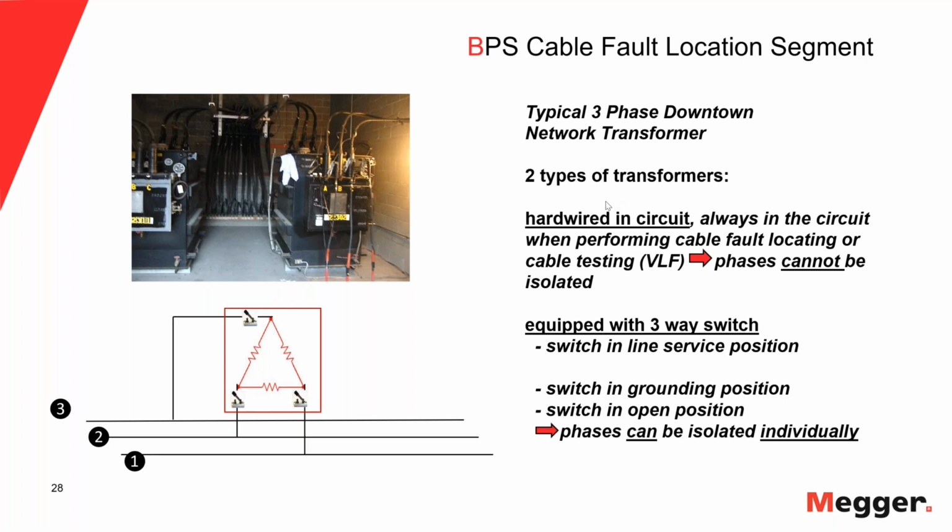Obviously, there is an operating position when the transformer is cut into the circuit, then typically a grounding position, and, most important for us from a fault locating point of view, we can open the transformer. So if I open the transformers, now I have 3 individual cables, and I can actually fault locate on A phase, B phase, or C phase. If I don't have those switches, I cannot do that.